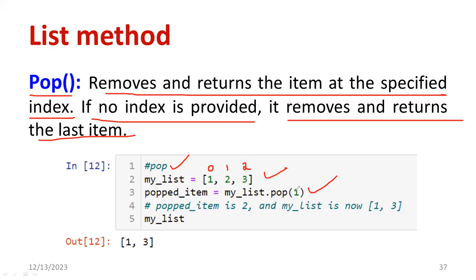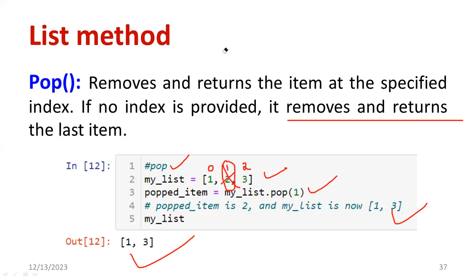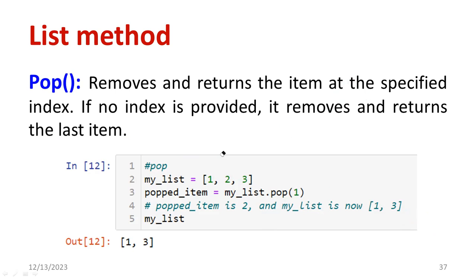Index 1 means 2, so it has to be removed. Now, what could be the new list? The new list should be 1, 3. I hope you understood, this is very simple. This is called pop: removing the element based on the index. If the index is not specified, the last element will be removed automatically.